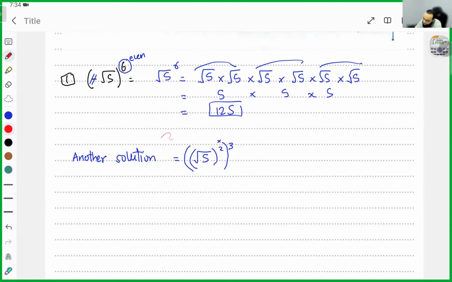Root 5 with the 2 delete each other, then it's 5 power of 3, which is 125. It's correct also. The square root takes half of the power. Half of 6 is 3, so we delete the root with half of the 6, and the remaining is another 3. Then it's 5 power of 3.